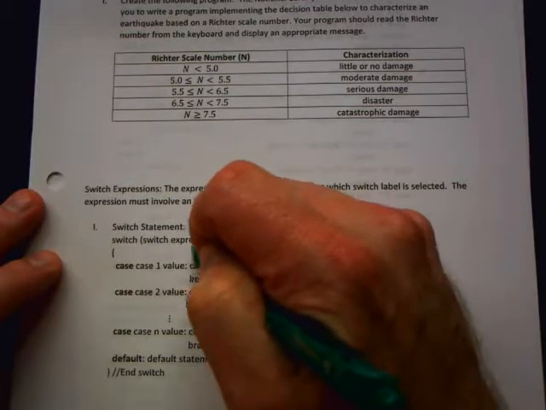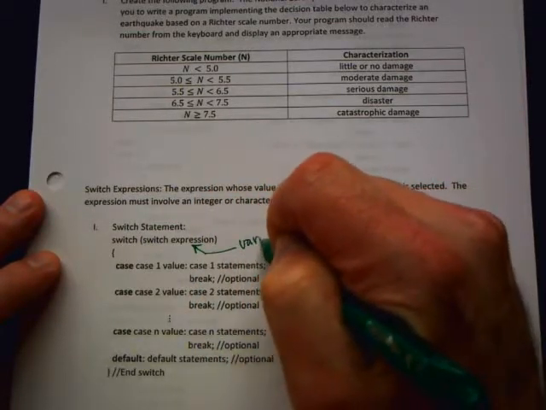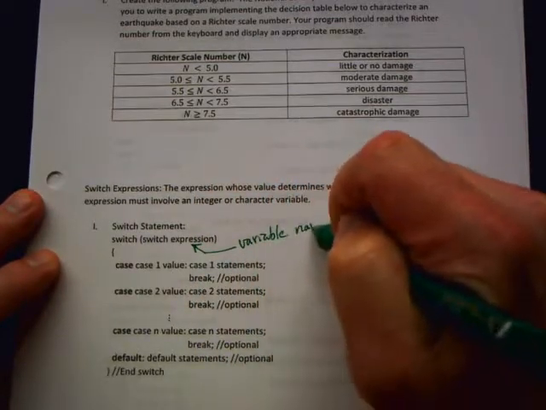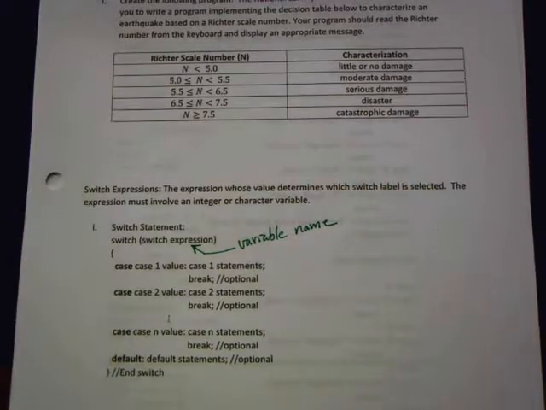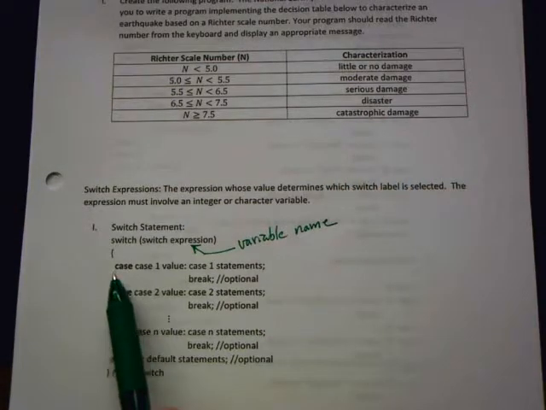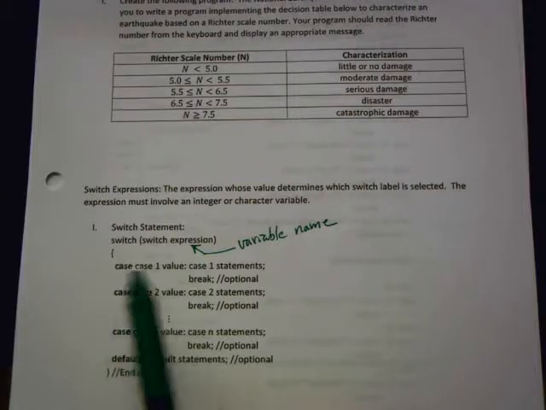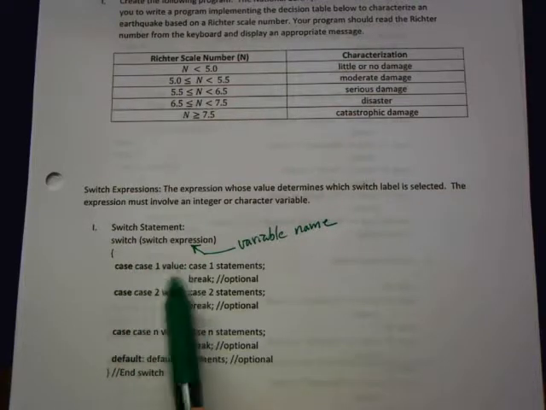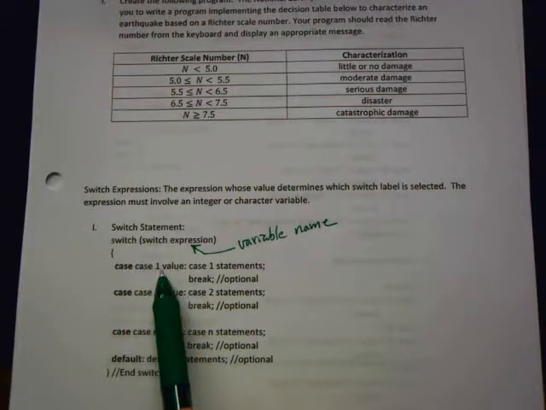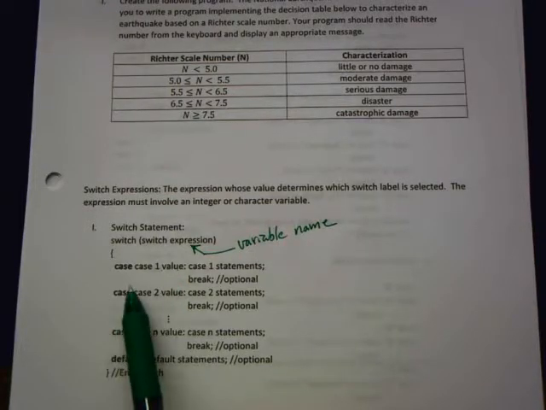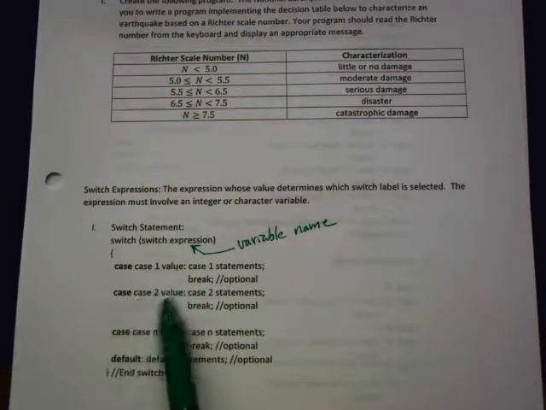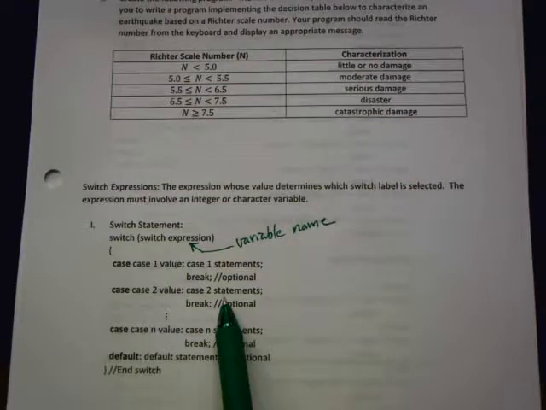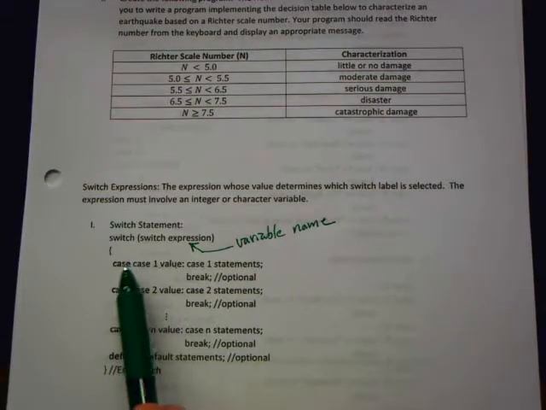And we'll look at some examples here in a minute. And then we have cases. So you'll have case 1. So this is like if the person presses 1 on the keyboard, it does the first case. And then case 2 would be if the person presses 2 on the keyboard, it does something else, so on and so forth. So instead of having a case, this could be if.